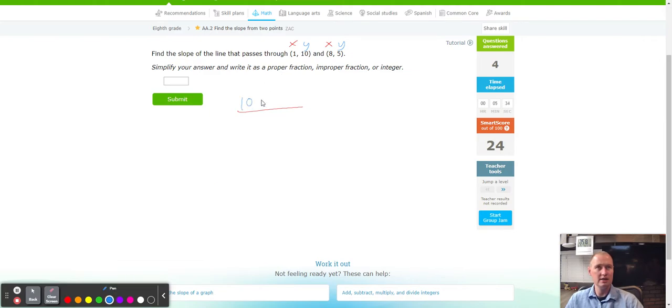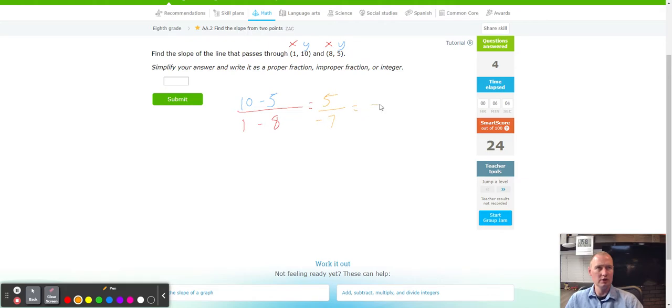So it's 10 subtract 5 over 1 minus 8. 10 minus 5 is going to give us positive 5 over, we have 1 subtract 8 is negative 7. The magnitude of 8 is larger, therefore negative, and 8 minus 1 is 7, so negative 7.